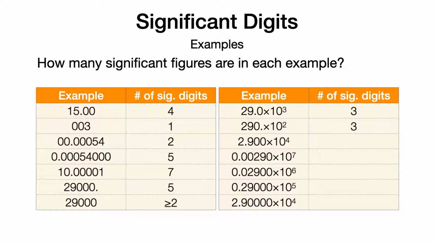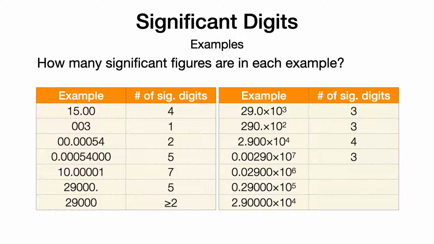Let's make our exponent 10 to the 4, then we need to write this as 2.900 times 10 to the 4, and in this case we have 4 significant digits. Now we can also do the same thing without a non-zero value to the left of the decimal, so 0.00290 times 10 to the 7, it's still 29,000, but in this case it has how many significant digits? 3.